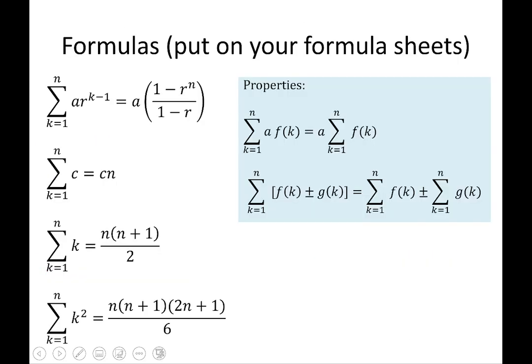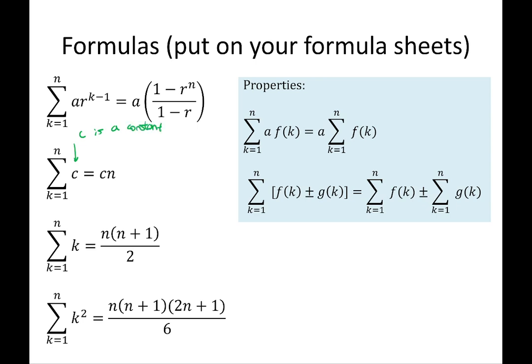There's a whole bunch of these, as mentioned, a whole bunch of different summation formulas. The one that was just proven is at the top left, so the geometric series formula. The one that's below that is the one we started with. So I'll remind you about that. This says it's the sum from k equals 1 to n of c, where c is a constant. It's not a function of n.